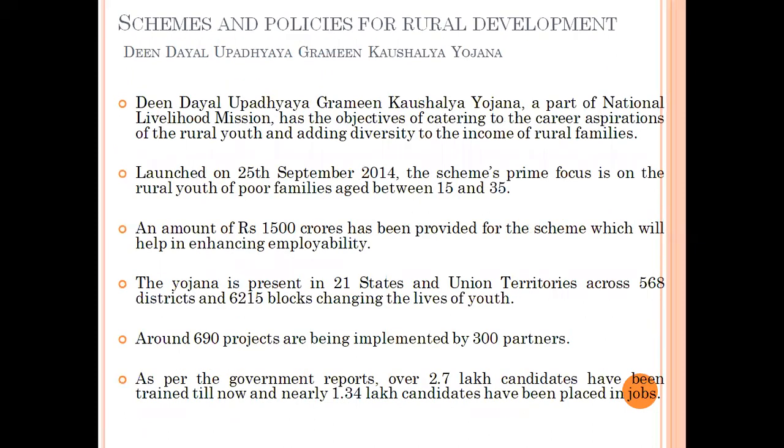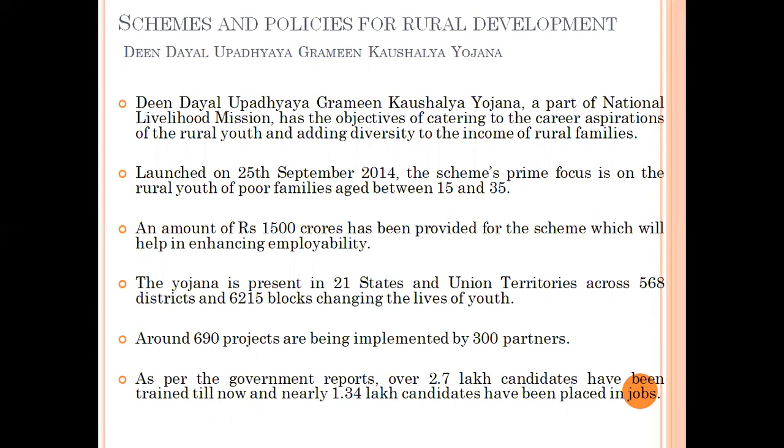Next scheme which we are going to discuss is Deen Dayal Upadhyaya Grameen Kaushalya Yojana. This scheme already we have discussed earlier also in your first module. Once again we will discuss, as we know that this scheme is for youth employment, especially targeted for rural youth.